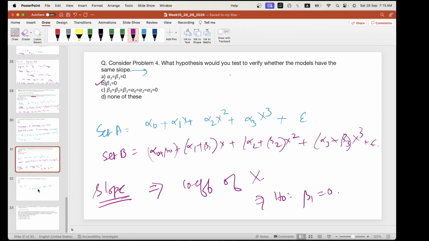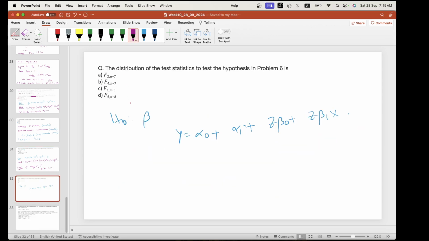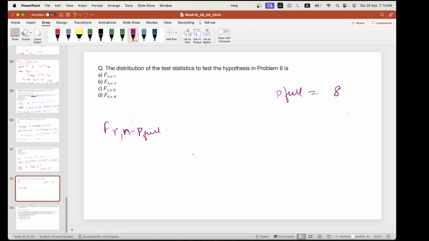Okay, and coming here, the distribution of the test statistic to test the hypothesis is this thing. So the F statistic will be R, n minus P full. Okay, so P full is actually 8.